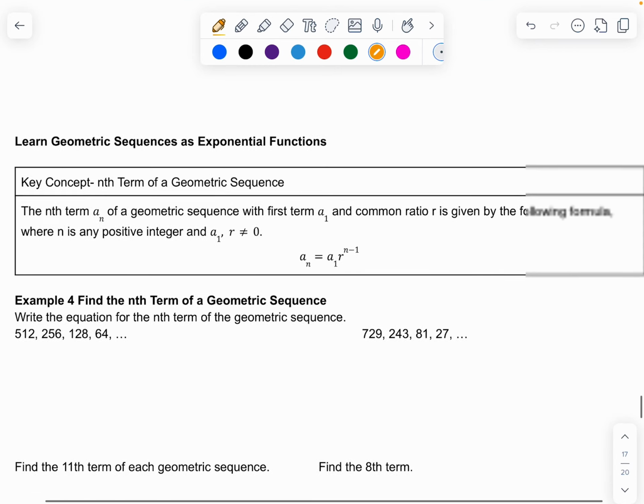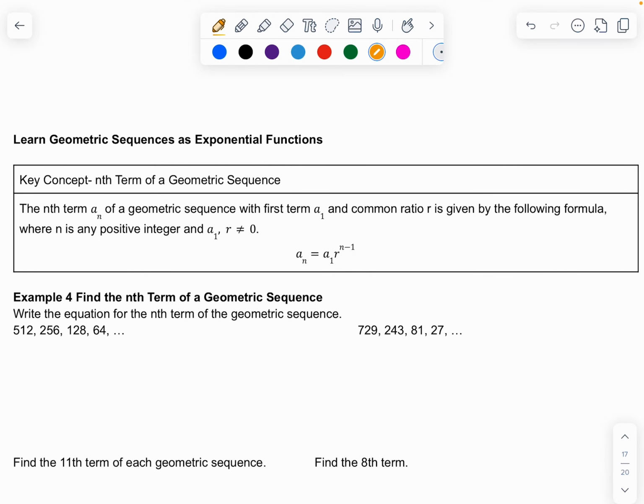Now we need to write the nth term of the sequence. That means that we need to come up with an equation, a formula. So the nth term, a sub n, of a geometric sequence with the first term a sub 1 and the common ratio r, is given by the formula.